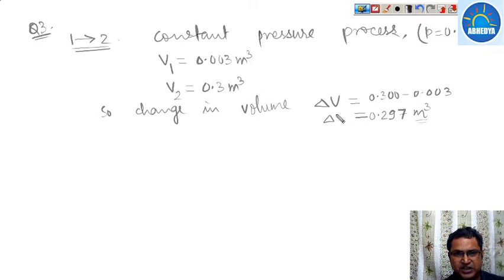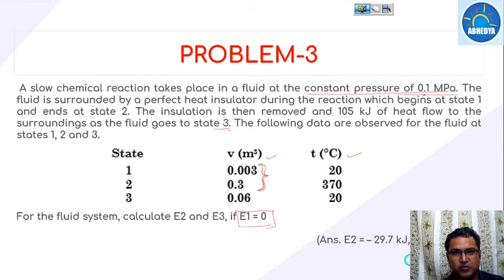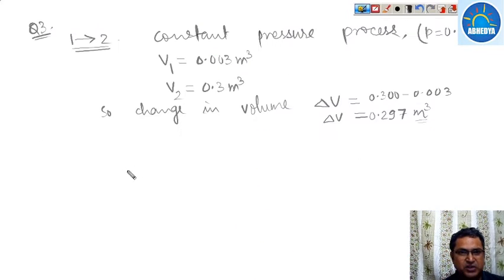This is the net change in volume, and pressure is 0.1 megapascal. So how much is the work done?